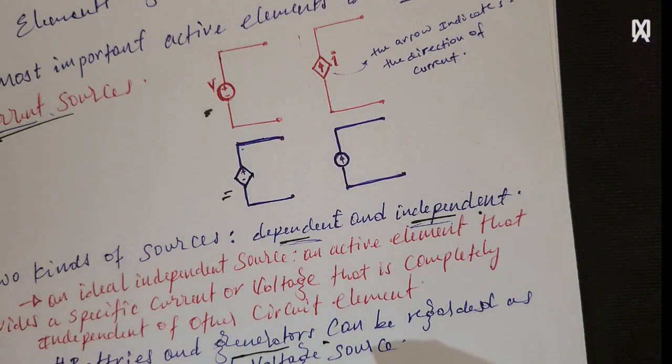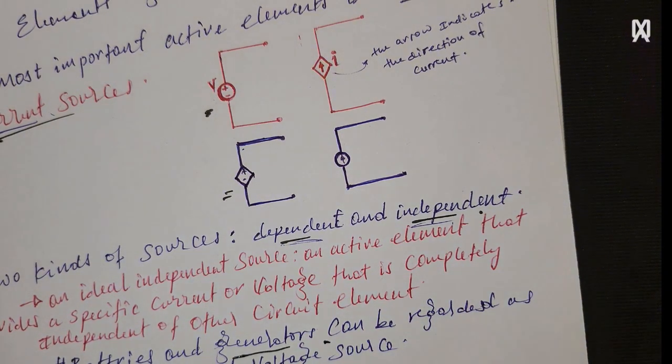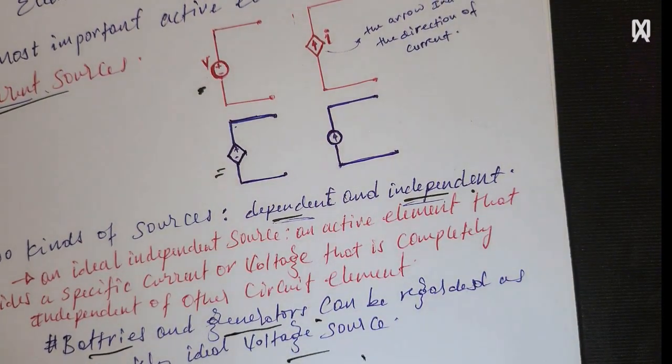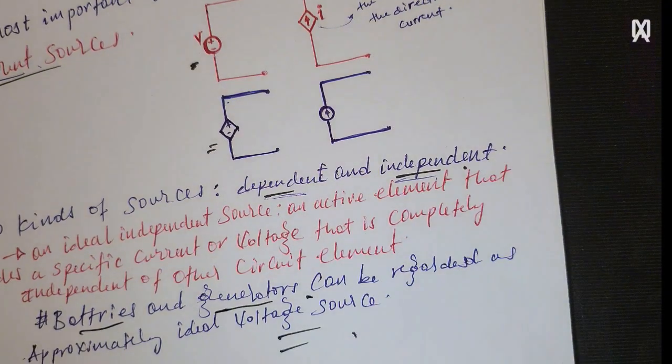Batteries and generators are an approximation for an ideal independent voltage source.